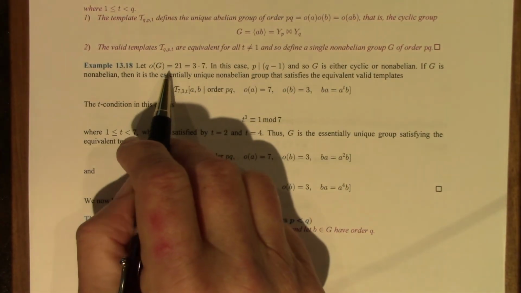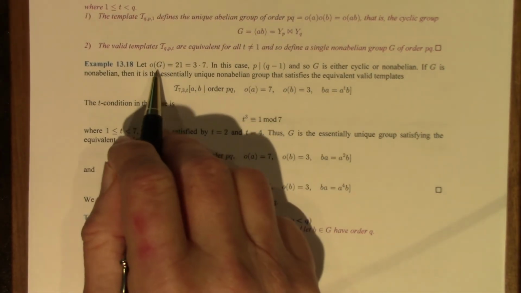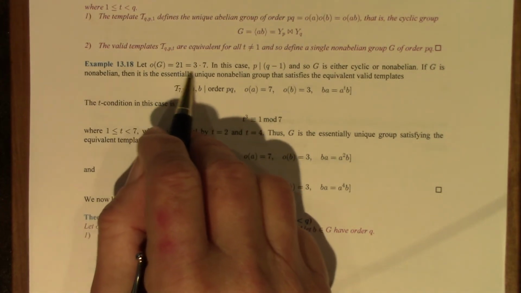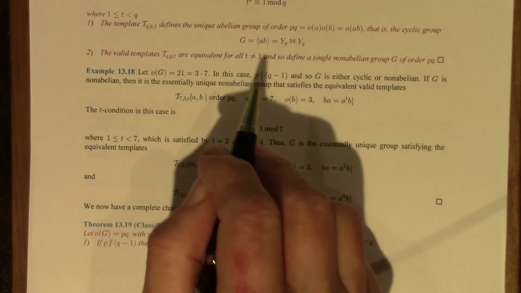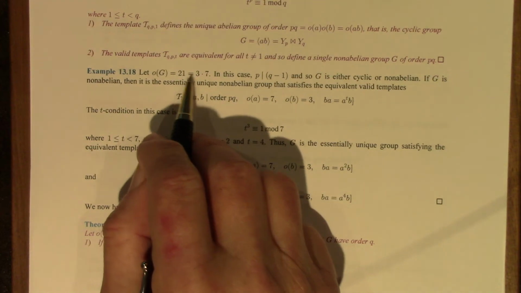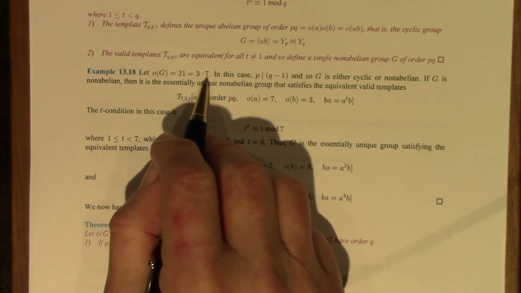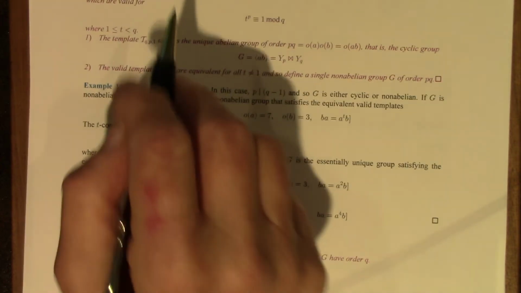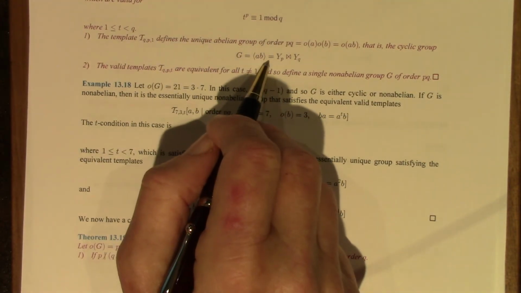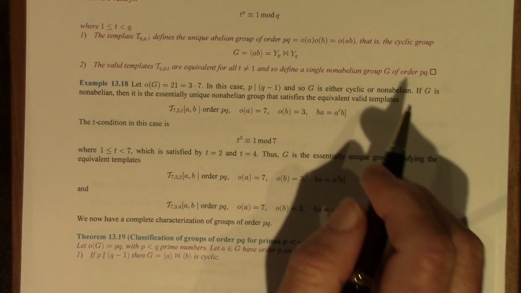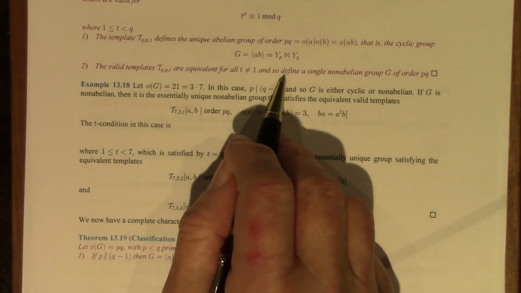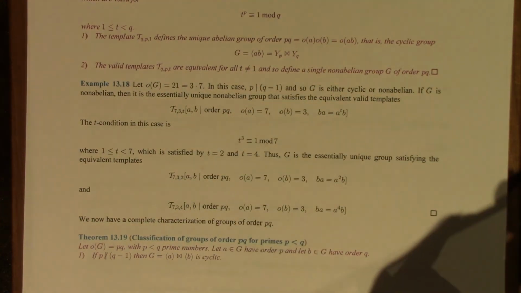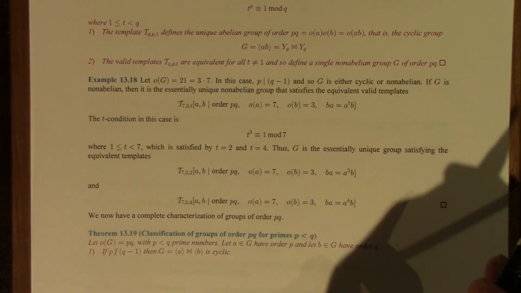So let's look at an example. Suppose the order of G is 21, which is 3 times 7. So now P does divide Q minus 1. 3 does divide 6. So G is either cyclic or it's non-abelian, and it fits the second statement here.